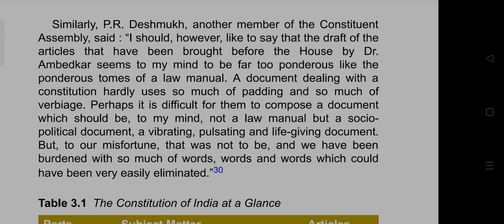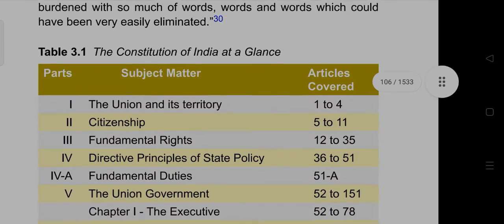The law document dealing with the Constitution hardly uses so much padding and so much verbiage. Perhaps it is difficult for them to compose a document which should be, to my mind, not a law manual but a socio-political document, a vibrating, pulsating, and life-giving document. But to our misfortune, that was not to be, and we have been burdened with so many words, words which could have been very easily eliminated."